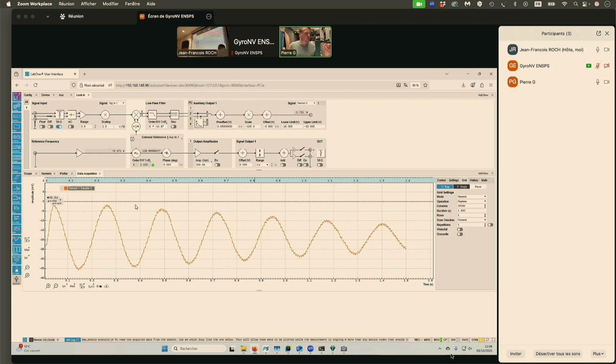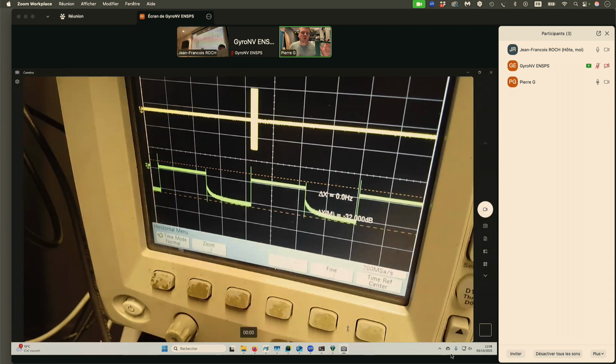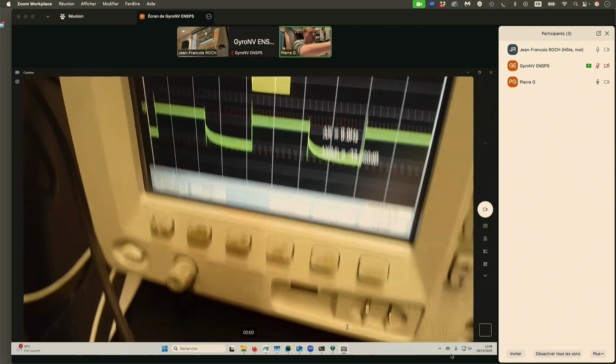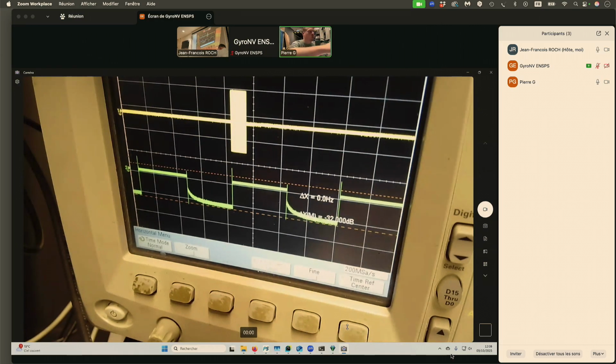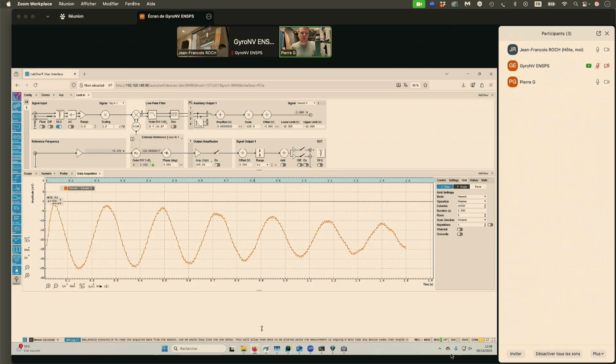So, what do you see here? Each point of this oscillation, each point of this graph is the result of one of these sequences. So if I stop the oscilloscope, this is one point of measurement. This is the result you can see in here.